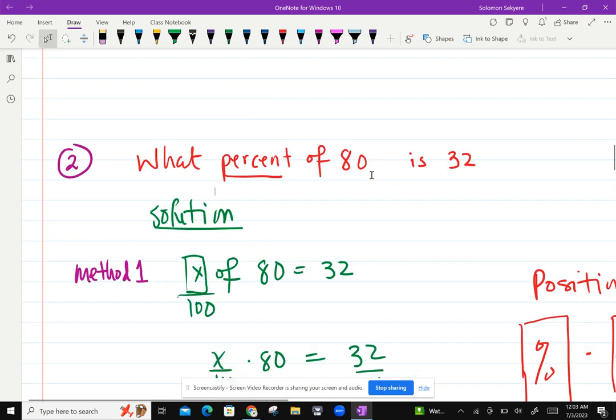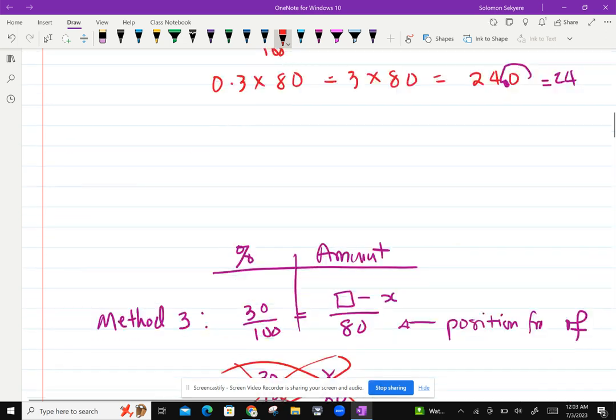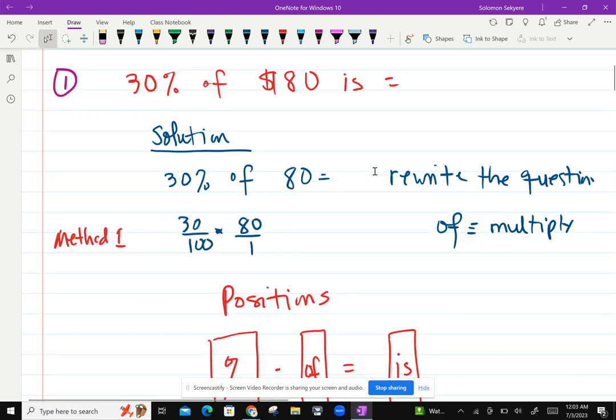Here you've been asked to calculate a percent. Here you calculate a number.